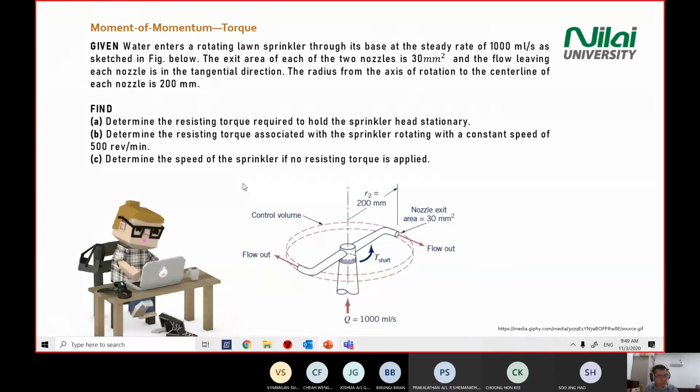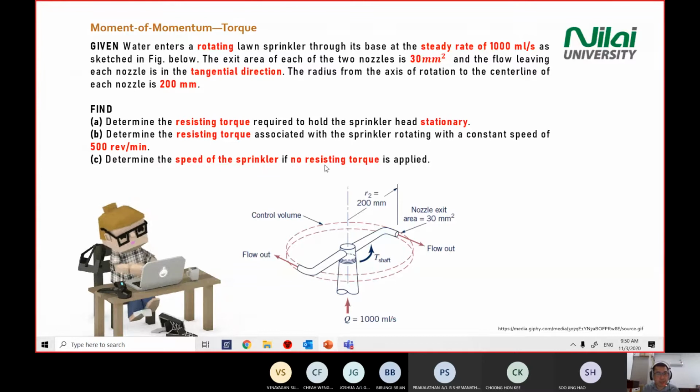All right. So what are the strategies to solve, right? There are 3 instructions here. One is the resisting torque. The second one is also torque. The third one is the speed of the sprinkler if there is no torque. The first one is stationary, does not move. The second one is with a certain speed, 500 revolutions per minute.